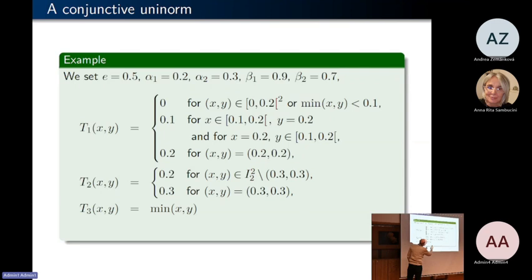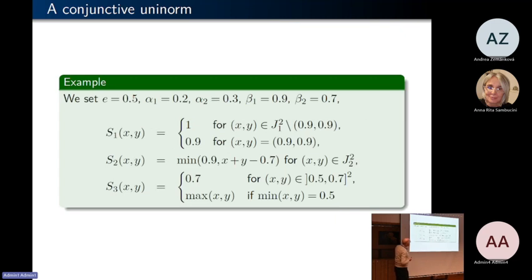On this interval 0.1, 0.2, we have value 0.1. At this point, we have value 0.2. And when one input is less than 0.1, then we are in this situation, so there is the value 0. T2 is again a kind of drastic t-subnorm, and T3 is just minimum.